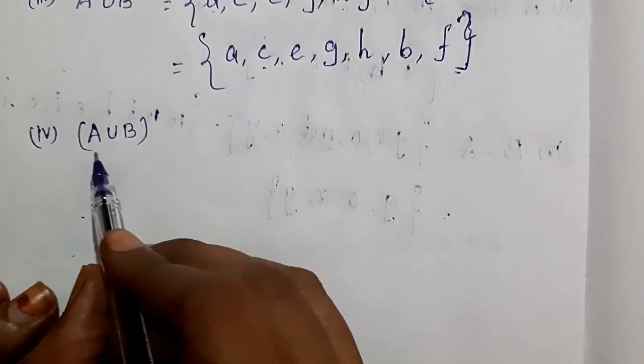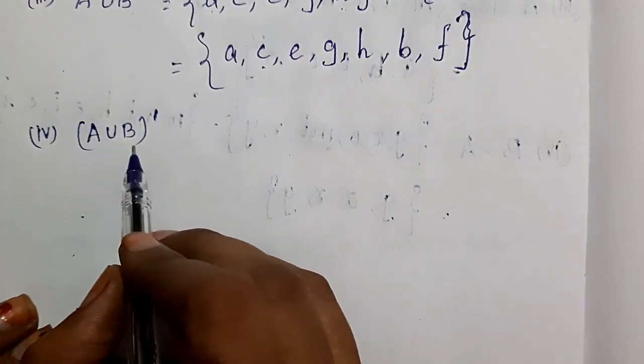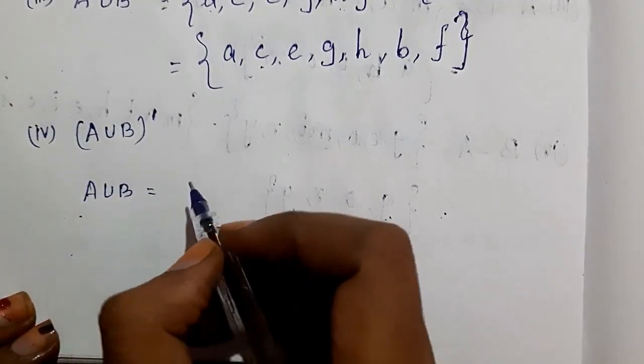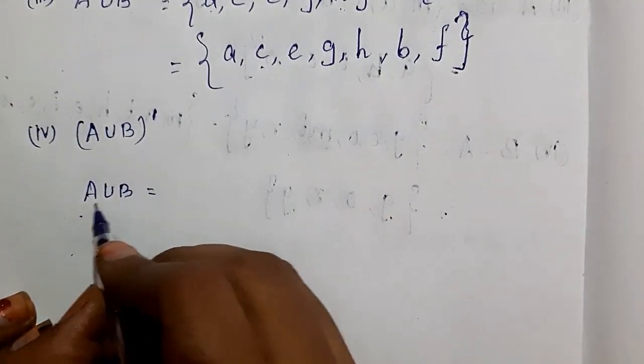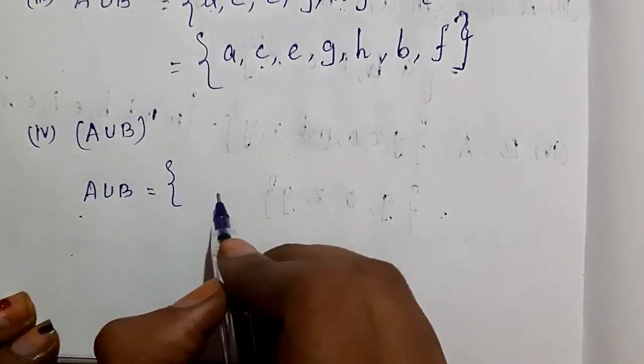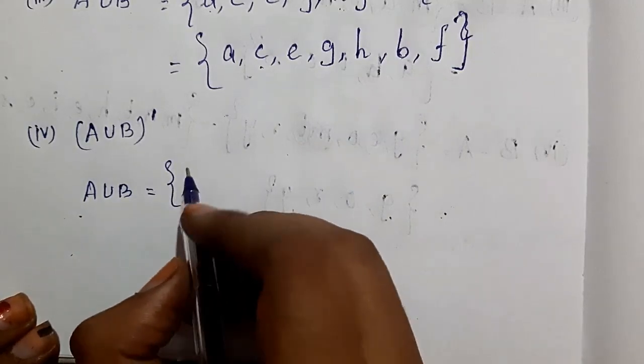For this, first you can find the A union B value. So A union B equals, just write the A and B elements all together. For that I am writing the A set first. If you can write it, write it in one line. That's your talent.